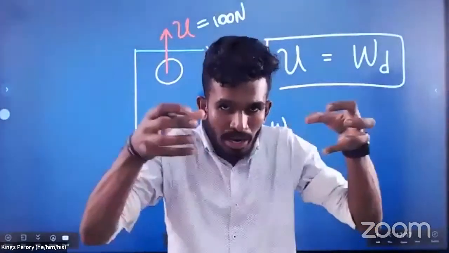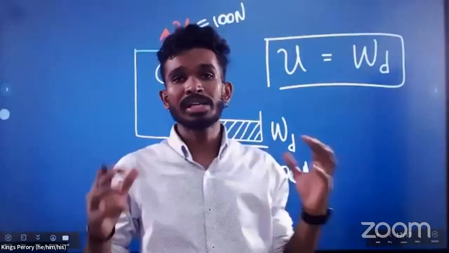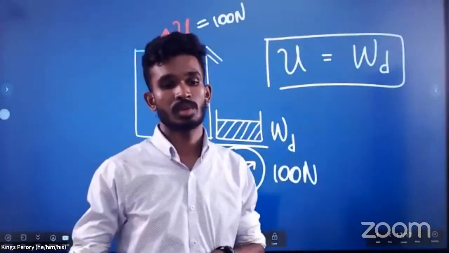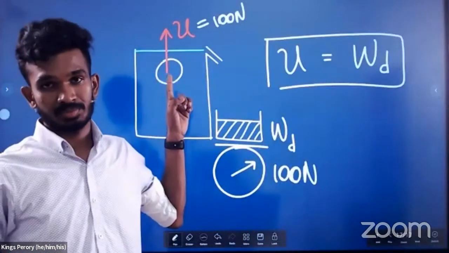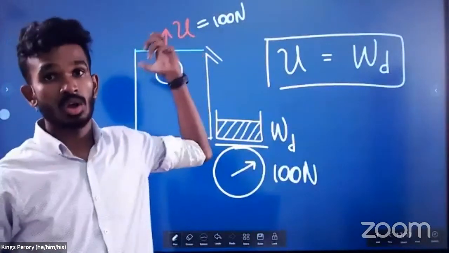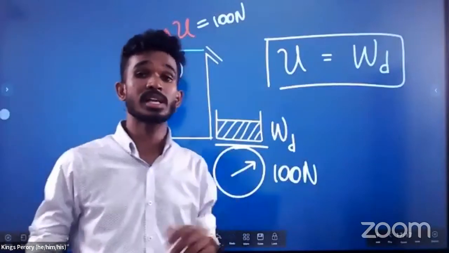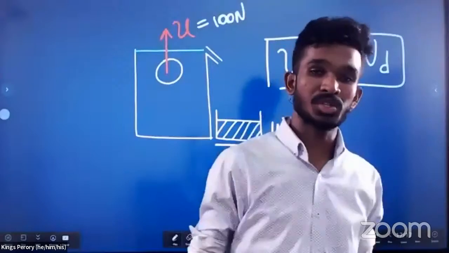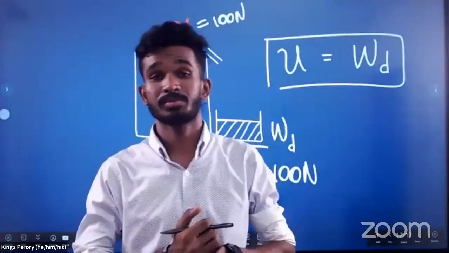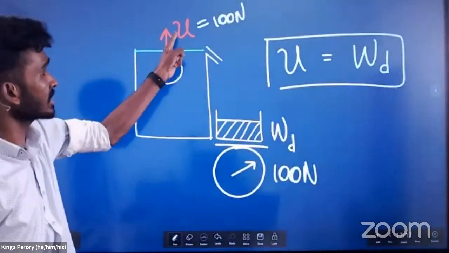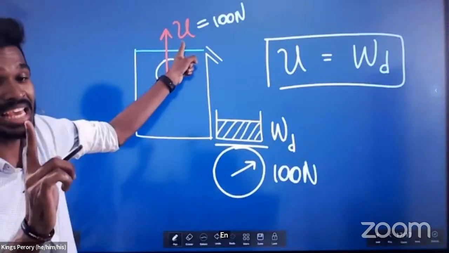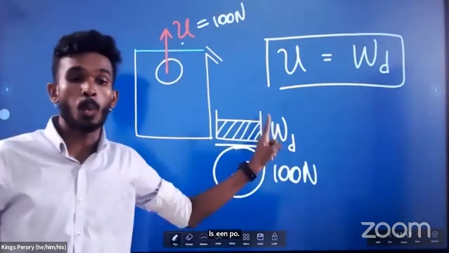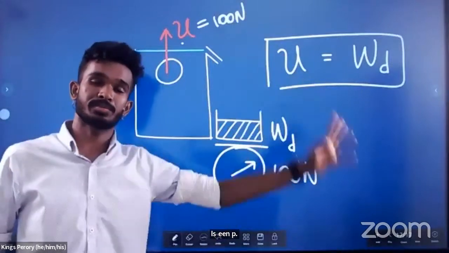Now we'll put it into a nice sentence. What is Archimedes' principle telling us? When an object is partially or fully immersed in a fluid, maybe halfway, maybe fully, the upthrust acting is equal to the weight of the displaced fluid.